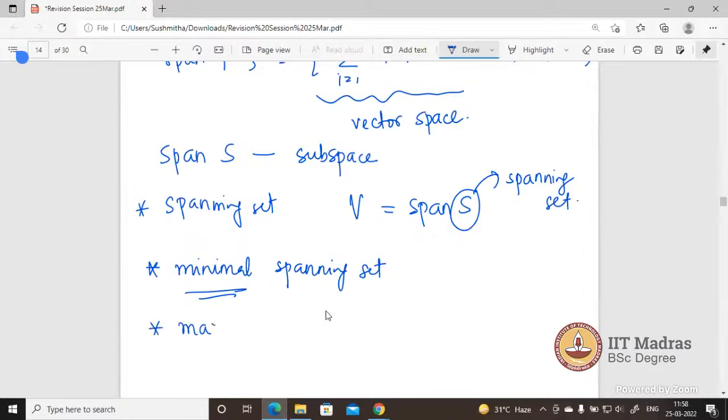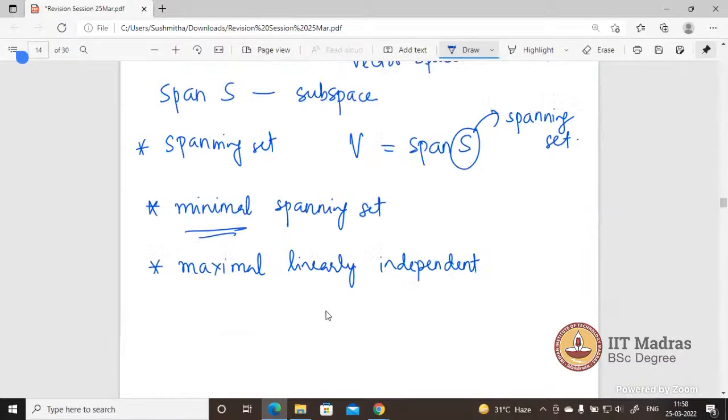What is a maximal linearly independent set? Could you show an example for minimal and maximal? Yeah, sure. A maximal linearly independent set is one where, if we add one more vector to it, it will become a linearly dependent set. So that is a maximal linearly independent set.